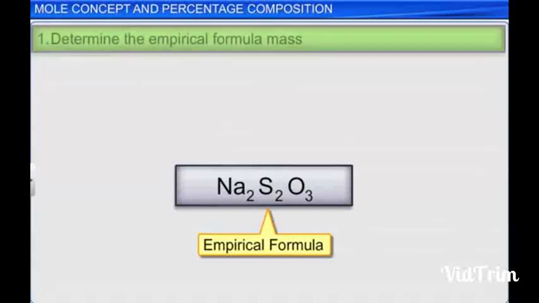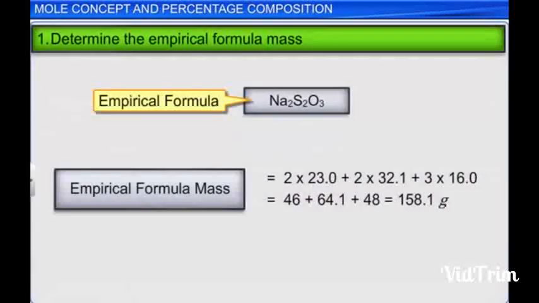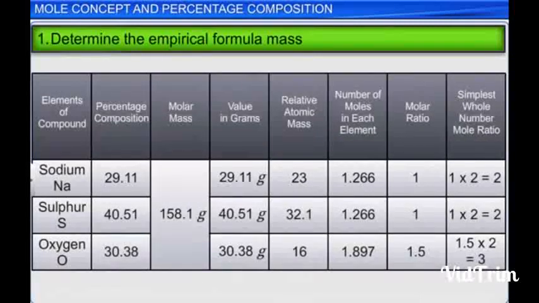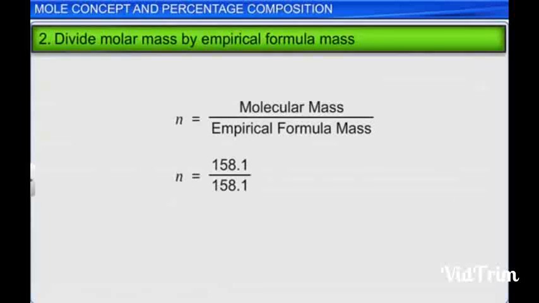First, calculate the empirical formula mass. The empirical formula mass can be obtained by adding the atomic masses of all the atoms present in the empirical formula, which is 158.1 gram. Now, divide the molar mass by the empirical formula mass to identify the value of N, which we get as 1.